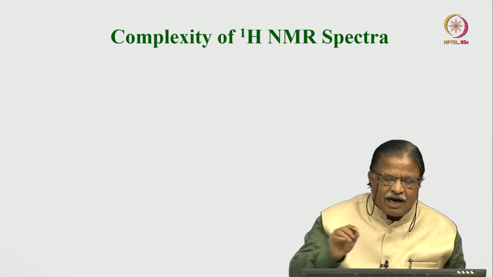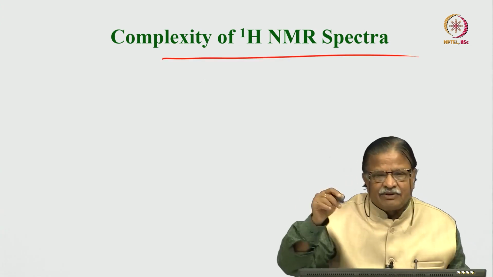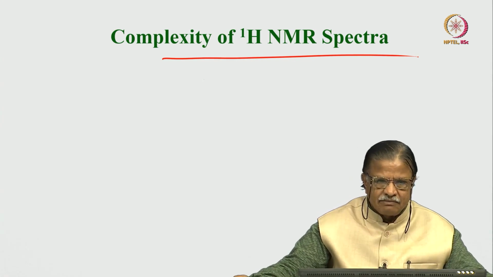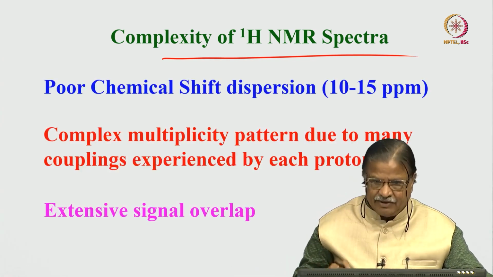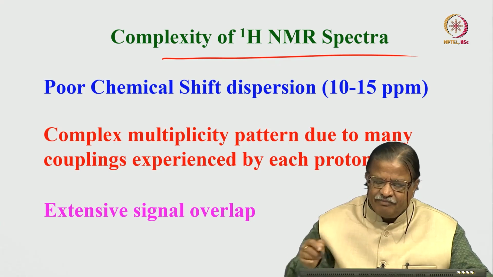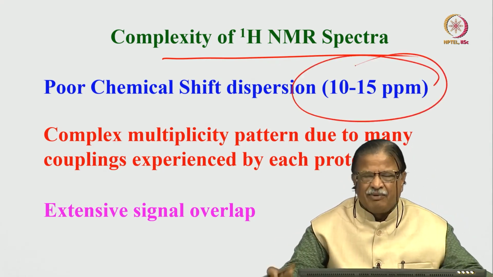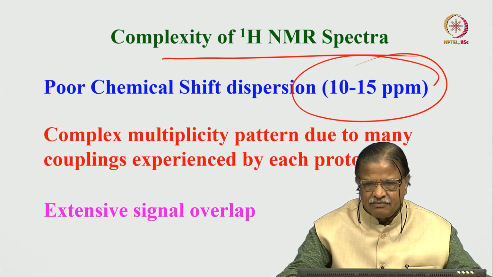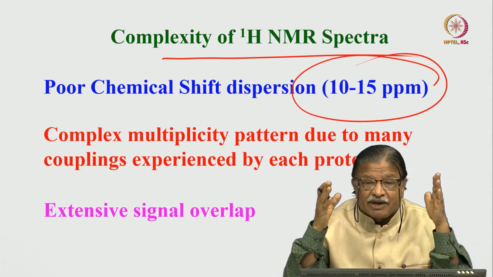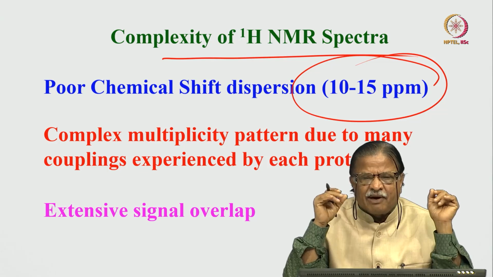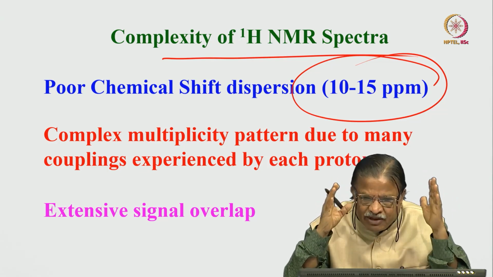So we will start by looking at the complexity of the 1H NMR spectra. Why does the complexity come? First, the chemical shift dispersion is very small, about 10 ppm maximum. Let us consider a 500 megahertz spectrometer: 10 ppm is 5000 hertz.